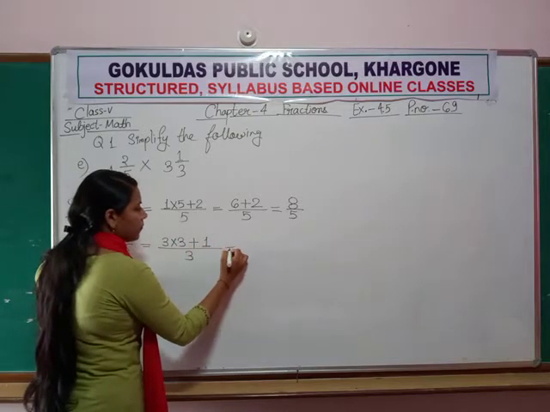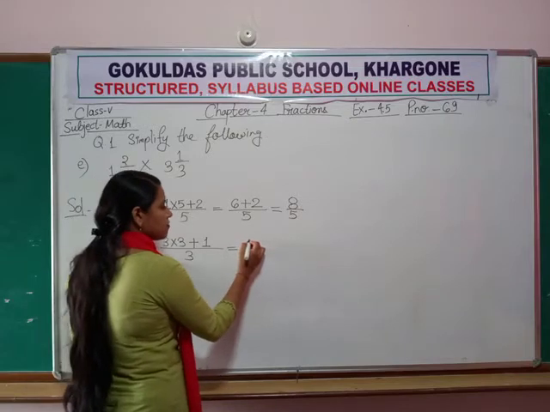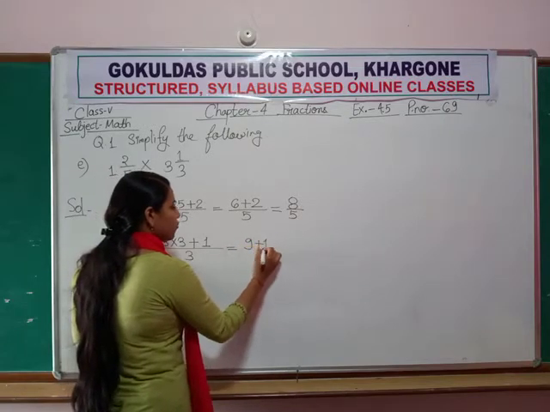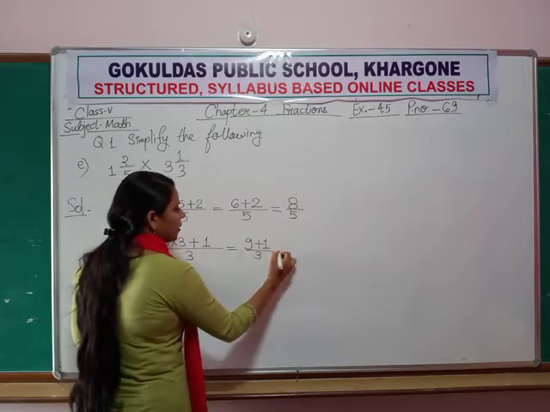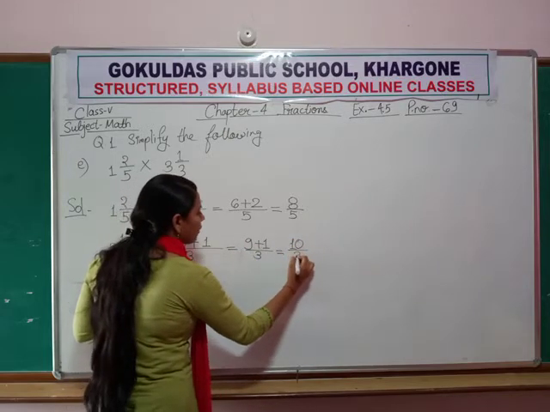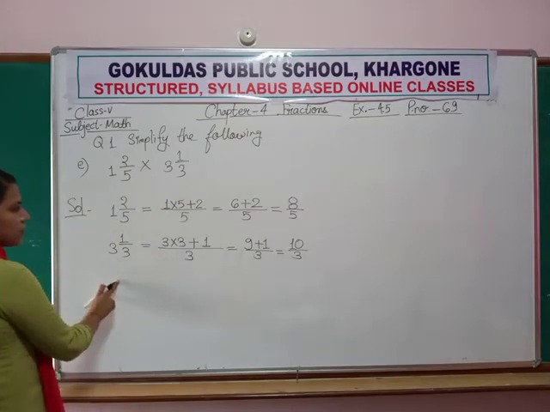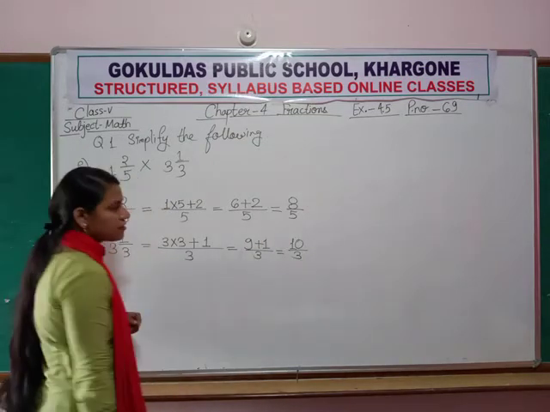Write 1. Now solve this. 3 into 3 is 9 plus 1 over 3. 9 plus 1 gives you 10/3. So when we convert this mixed fraction, we get 10/3 as the result.